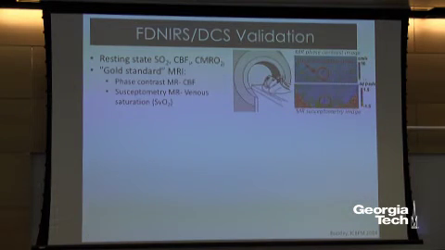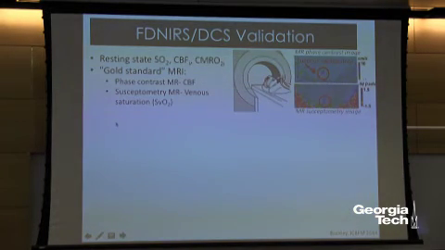Anyway, so one of the first things we did was, we were taking these measurements in the MRI, and at this point in time, these technologies were brand new and really had just been tested in the laboratory, and so we validated these techniques against our gold standard MRI. So we were measuring just resting state oxygen saturation, blood flow, and metabolism, and we compared to phase contrast MR to get blood flow and susceptometry MR to get venous saturation, and both of these measurements were in the sagittal sinus.